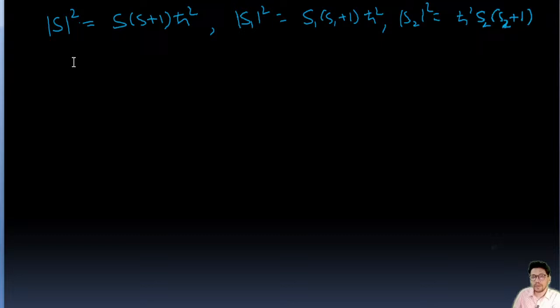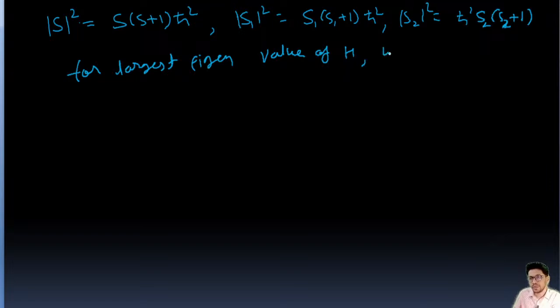and we have to find the largest eigenvalue of the Hamiltonian. So for the largest eigenvalue of H, we will take the largest value of S, that is, we will take S equal to 3 by 2. So we have two values, right?